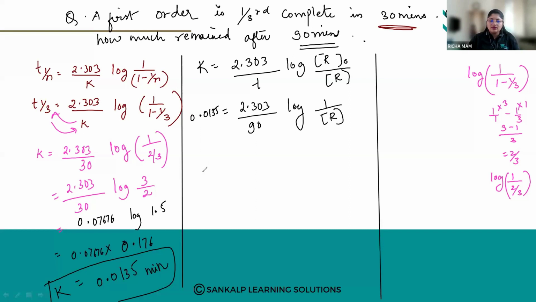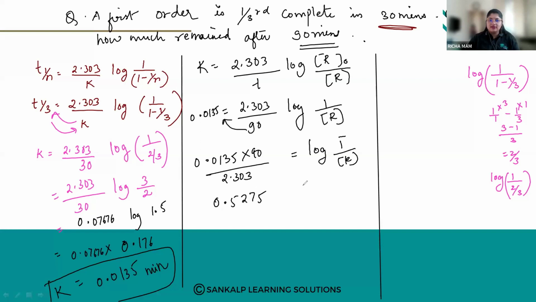Now here, 0.0135. If I transfer this, it becomes 90 by 2.303 is equal to log of 1 by concentration of R. See how much you are getting: 0.0135 into 90 divided by 2.303. I've got it as 0.5275 is equal to log of 1 by concentration of R. If I transfer this log to this side, it becomes antilog.